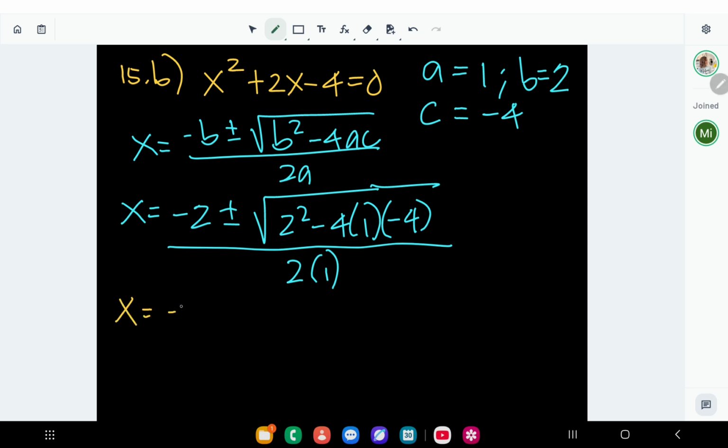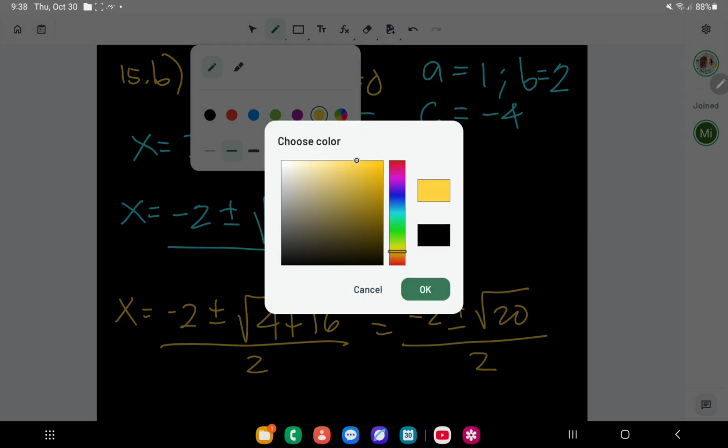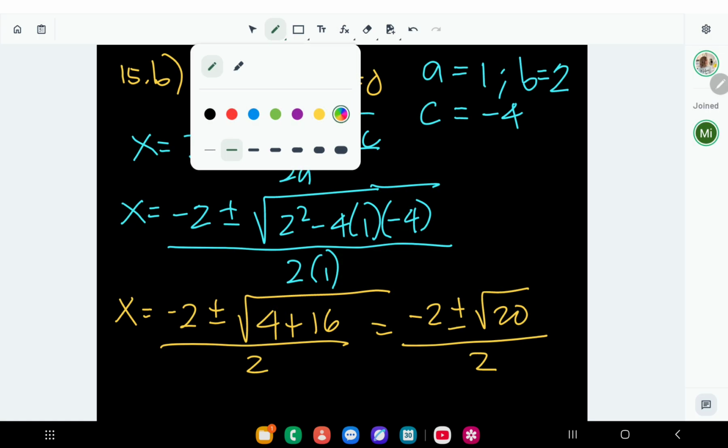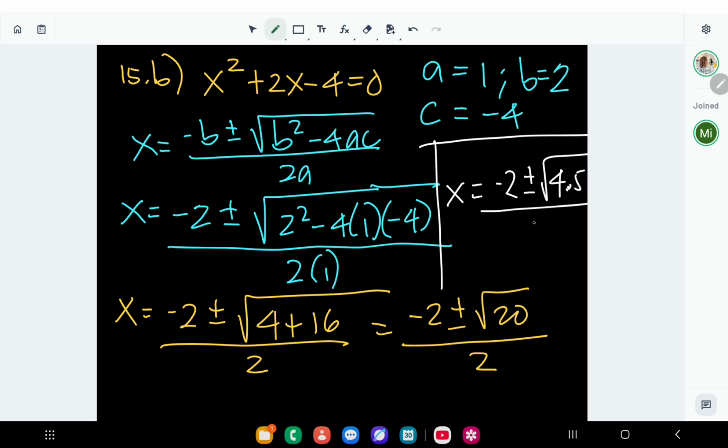So this is x equals negative 2 plus minus square root of 4 plus 16, right? Over 2. Then negative 2 plus minus square root of 20 over 2. Now we can write 20 as 4 times 5. So x here is equal to negative 2 plus minus square root of 4 times 5, because 4 times 5 is 20, over 2.